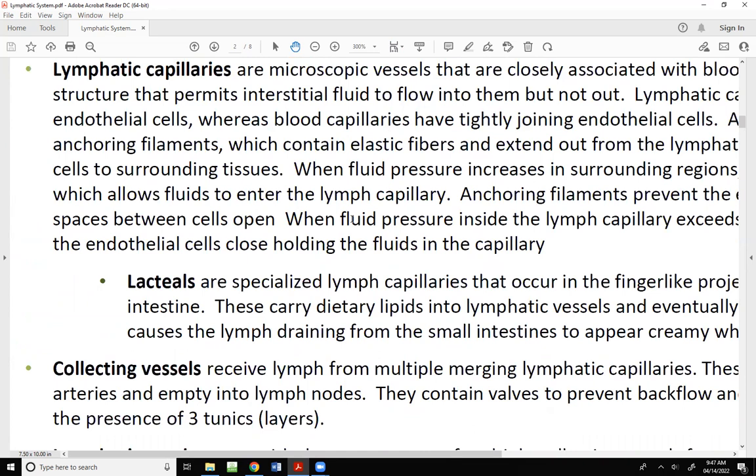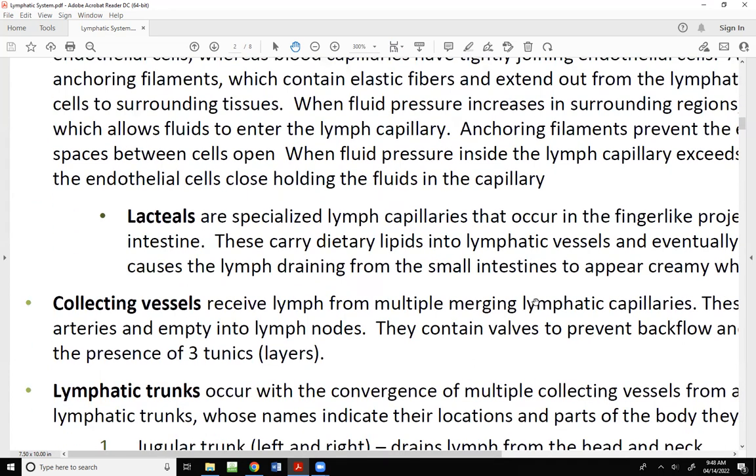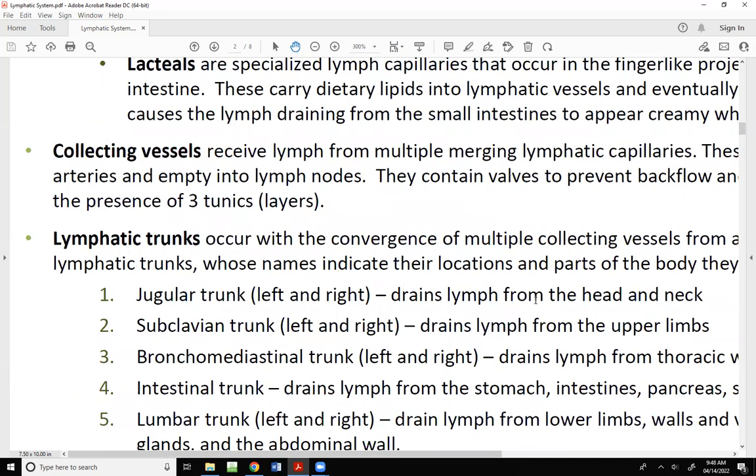So let's talk about lymphatic vessels, which are fairly similar to our blood vessels that we've recently talked about as far back as 2 days ago. But there are some obvious differences as well, and we'll talk about that as we roll through.